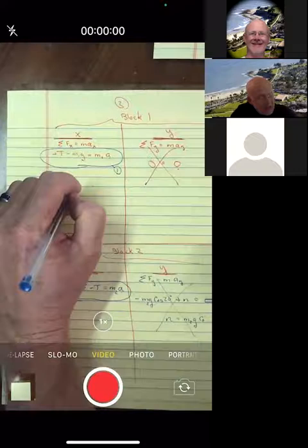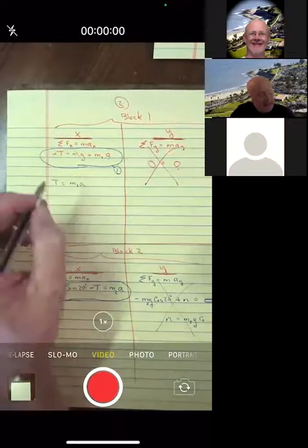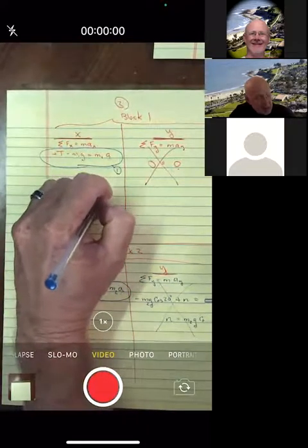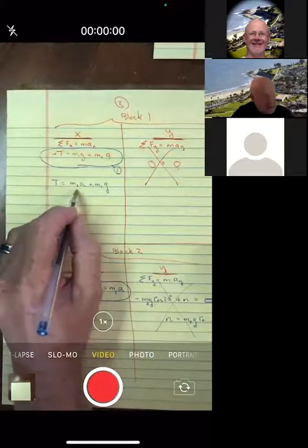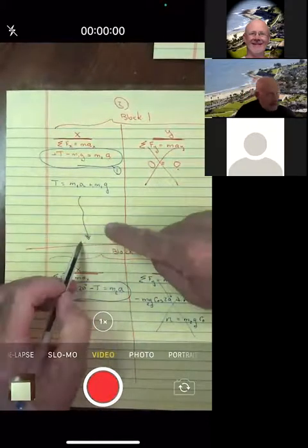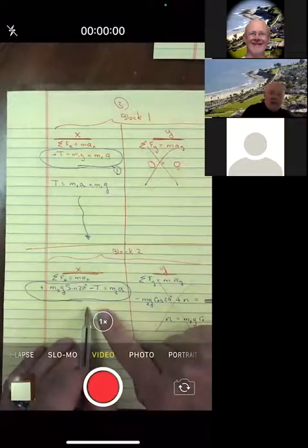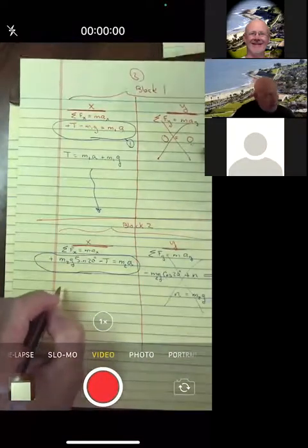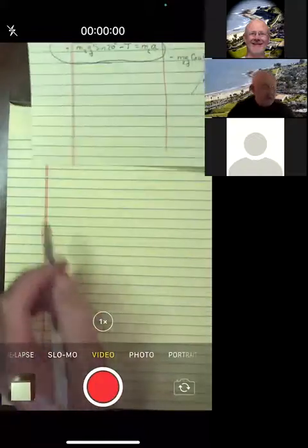So this would say M1A plus M1G is the tension. And I'm going to use that and plug it in to here. Okay, so this is going to become, and I think I'm going to need a little more space. So that's why I'm going to go over here to a new page.